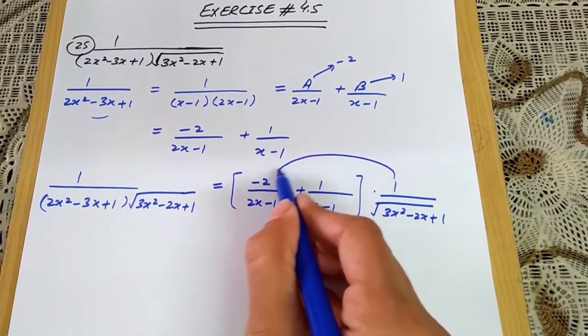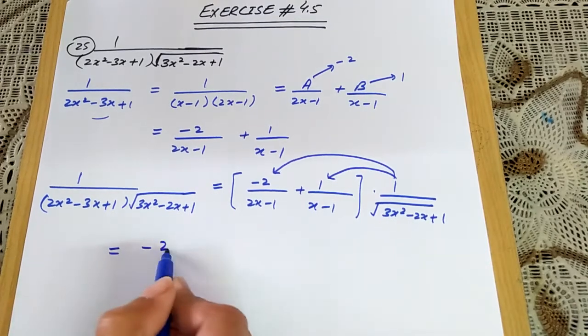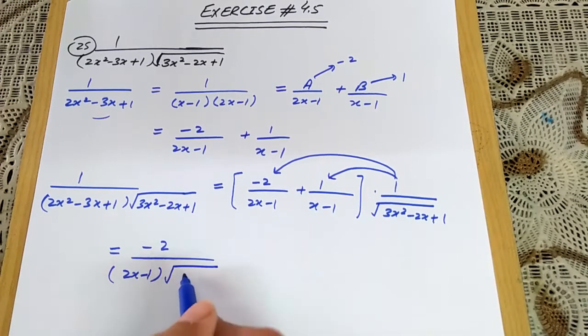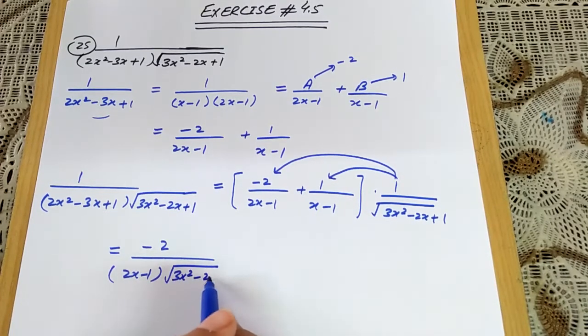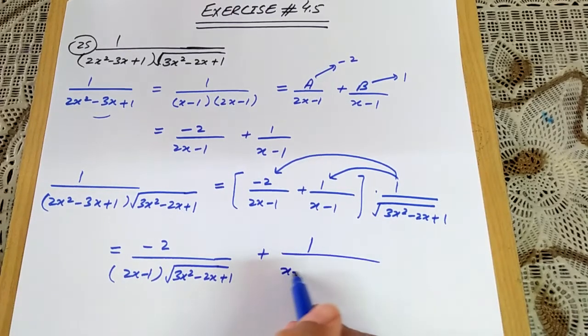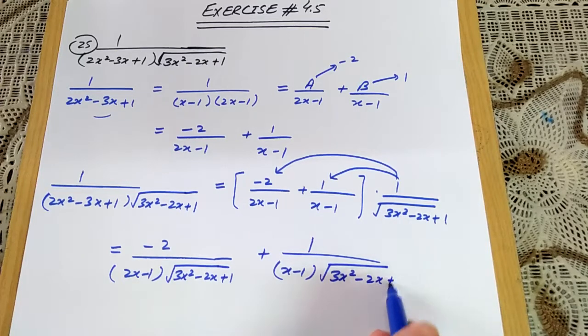Now multiply this denominator with this fraction and with this fraction. It will break into −2 over (2x − 1) under root (3x² − 2x + 1), and then plus 1 over (x − 1) under root (3x² − 2x + 1).